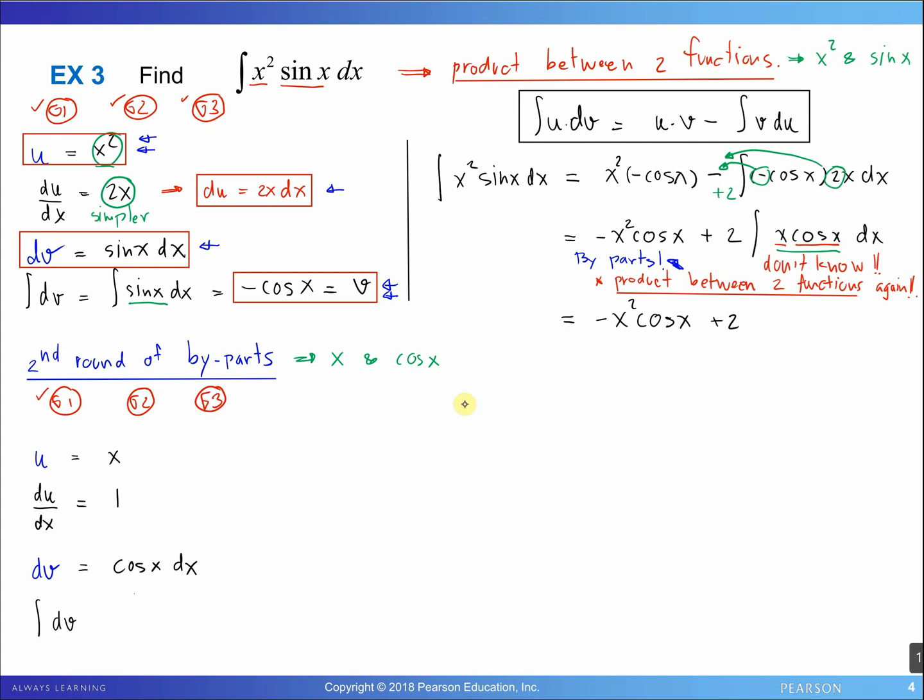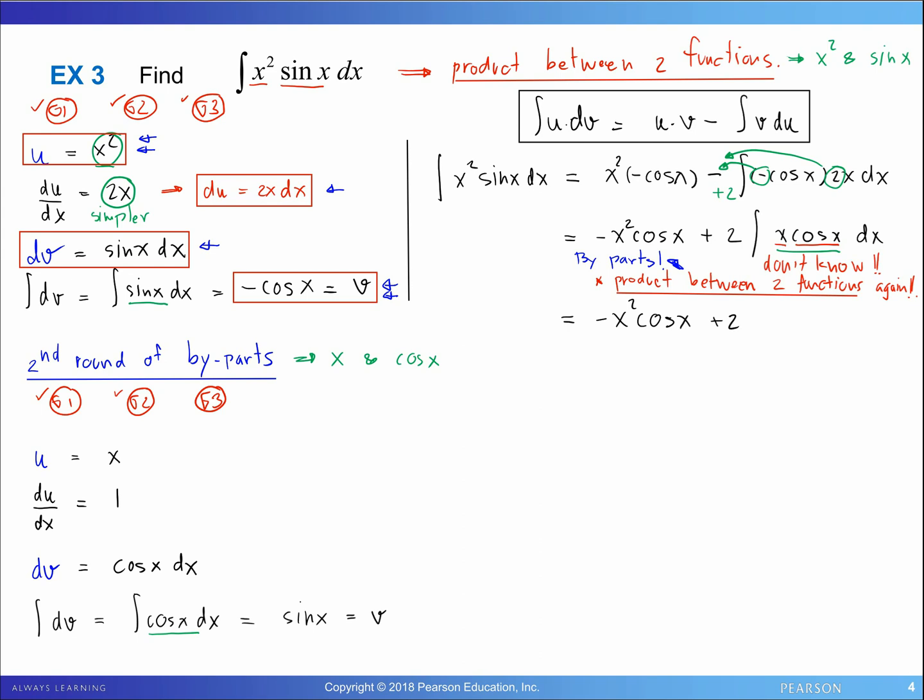For g2, let's integrate dv. It's going to be equal to the integral of cosine x dx. And now we find the antiderivative of cosine x. And we know it's equal to sine x. And this is v for the second time. So dv can be integrated. g2 is satisfied. Check.